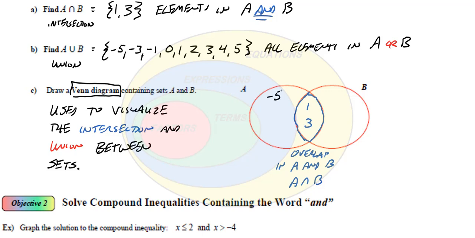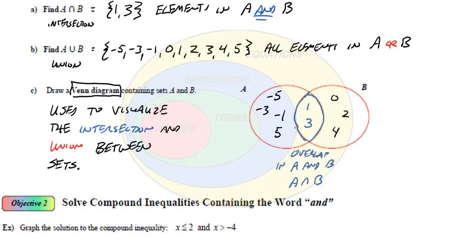So like -5, -3, -1, and 5 would be the rest of the elements in A. And then for B, we want the elements in B that are not in the overlap, just in the B circle. So like 0, 2, and 4 would be the rest of the elements in B.